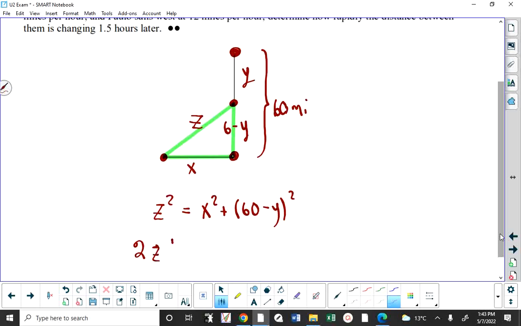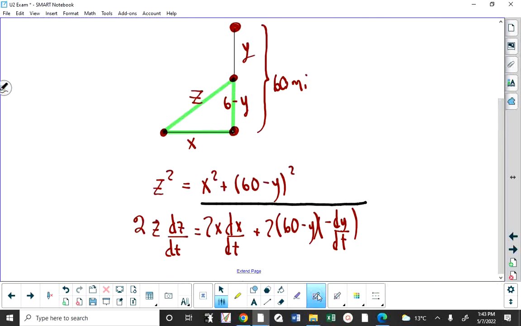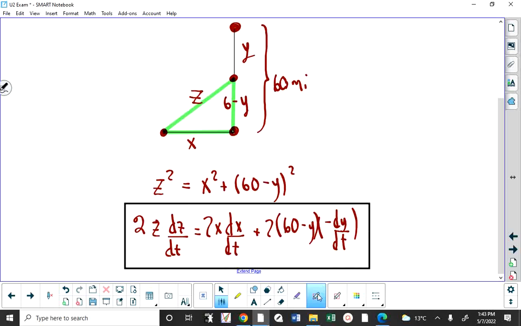So 2z dz/dt is equal to 2x dx/dt plus 2 times (60 minus y) times the derivative of 60 minus y with respect to time, which is negative dy/dt. So whether your exam is version 1 or version 2, if you chose the sailing boats question for number 2, this is how you're going to get the answer to the question.